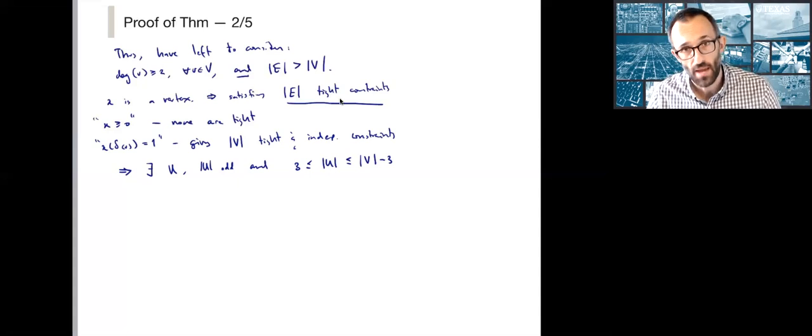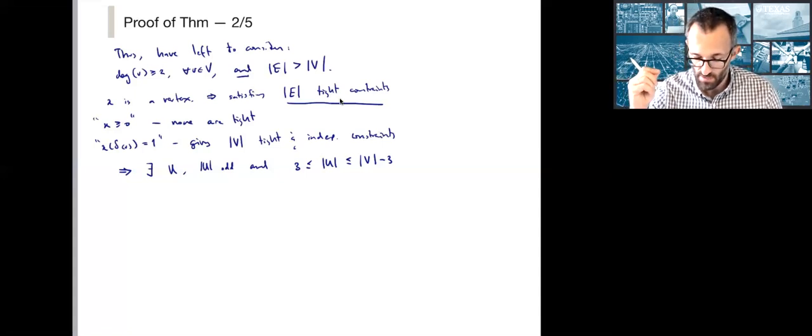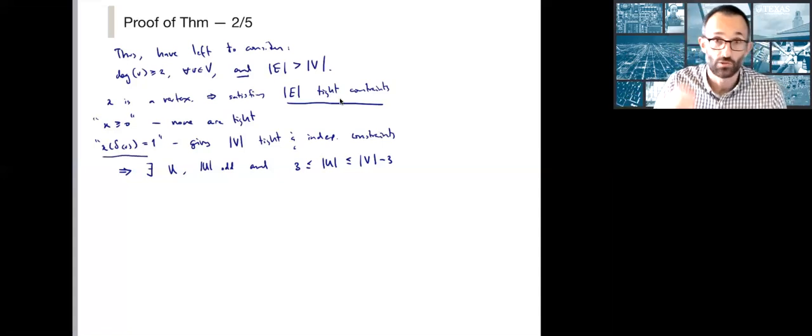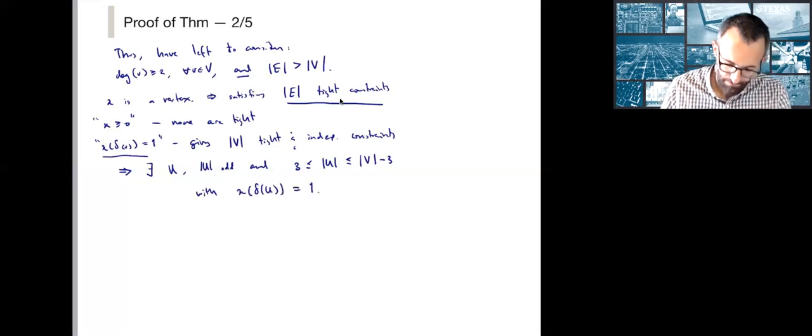And for the same reason of independence, it can't be all but one of the nodes of V. You can check that if U were the entire graph except for one node, then the resulting tight constraint that we got there would not be independent of all of these single node constraints. So there has to exist U that's odd cardinality. Its cardinality is between 3 and V minus 3. That satisfies this constraint with equality.